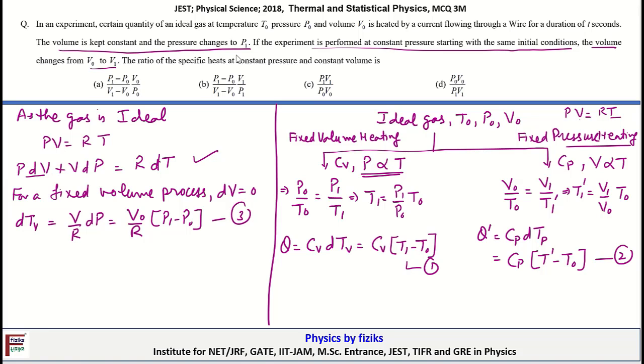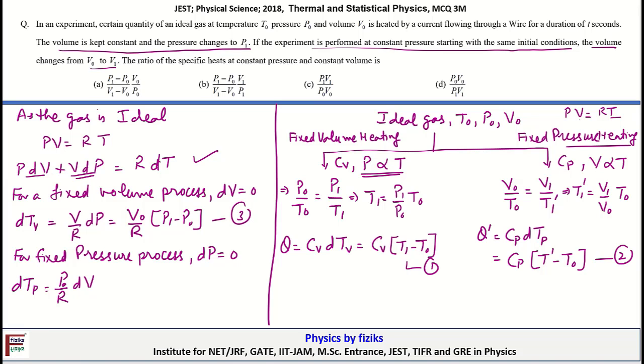Similarly, for a fixed pressure process, dP will be 0. Again from the same equation, now this term will be 0, so dTP will be equal to P by R dV.